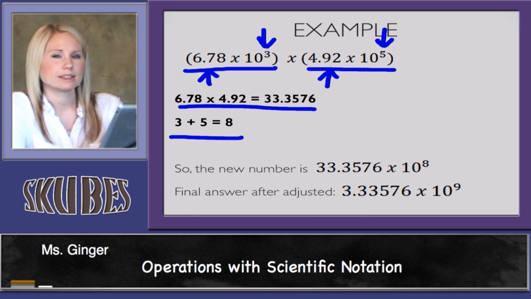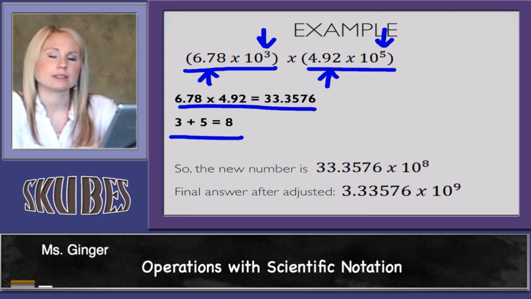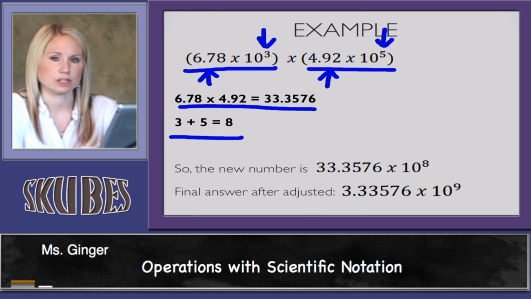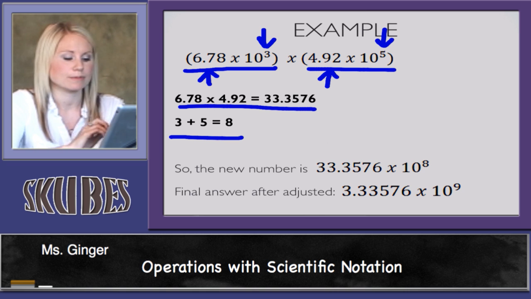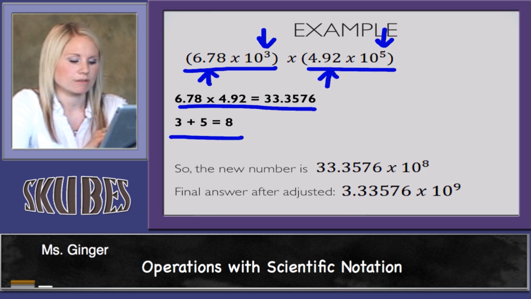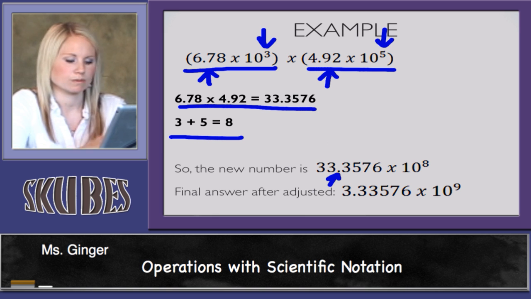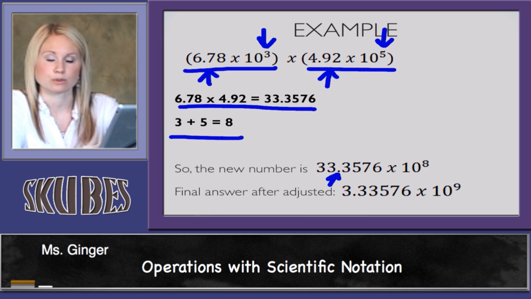Now this is not proper scientific notation because our decimal needs to be after the first non-zero digit, so we are going to adjust that. See how we have moved the decimal from this spot to the spot just after that first non-zero digit there, after the first 3.